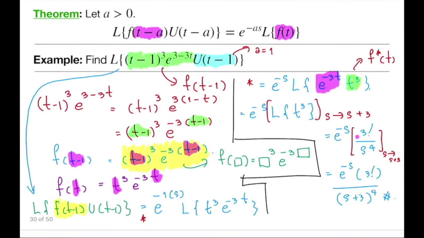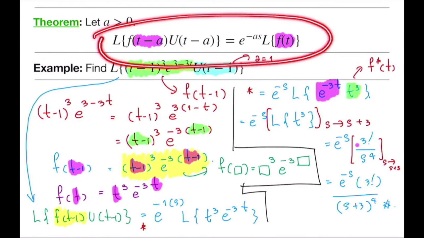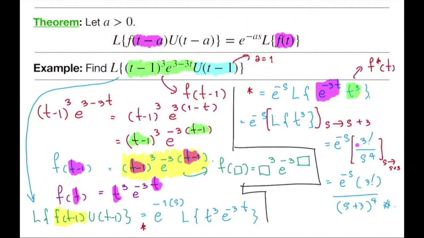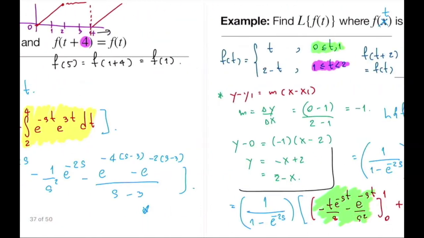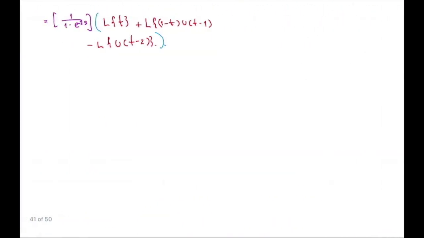It's this theorem: the Laplace transform of f(t minus a) u(t minus a) is e to the minus as times the Laplace transform of f. So let's get back here and see how we can apply that theorem to this.